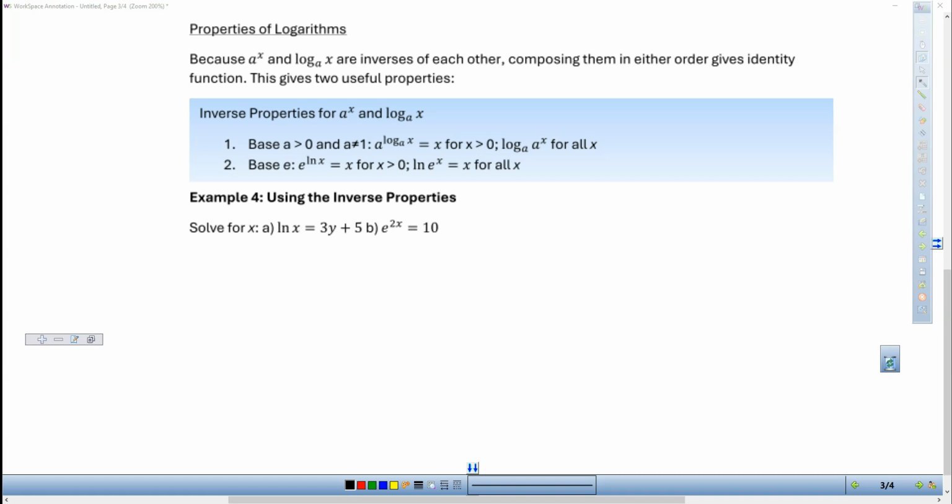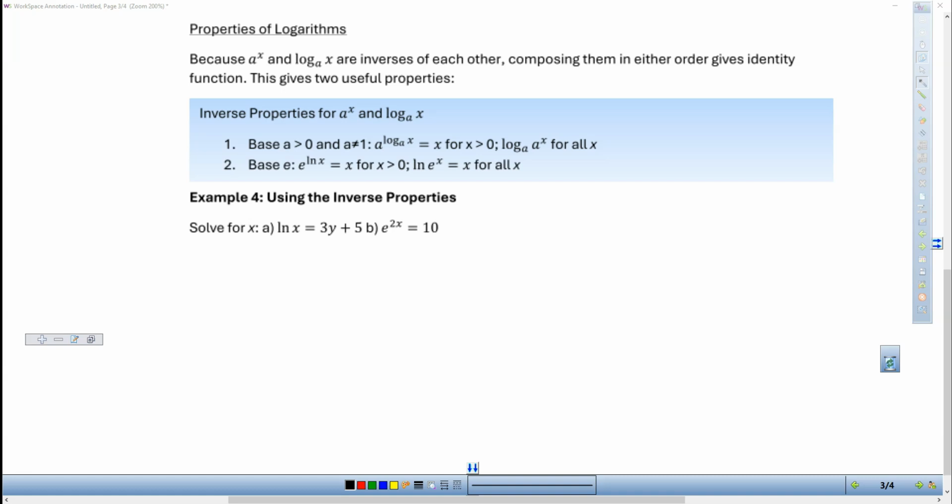If the base a is greater than 0 and a does not equal 1, a to the power of log base a of x simply gives us x for any x greater than 0, and log base a of a to the power of x equals x for all x. If we do this with e, e to the power of natural log of x equals x for x greater than 0, and natural log of e to the x equals x for all x. It's pretty handy stuff that makes our life a lot simpler.